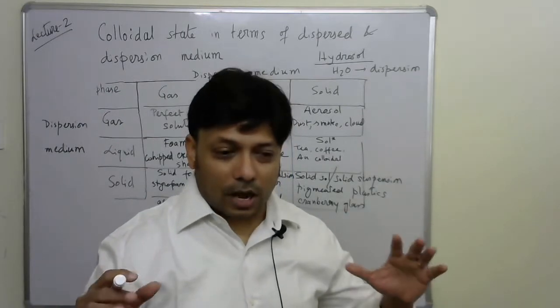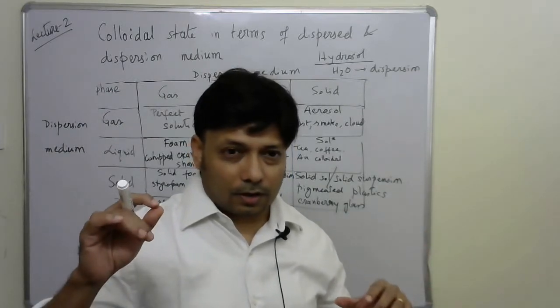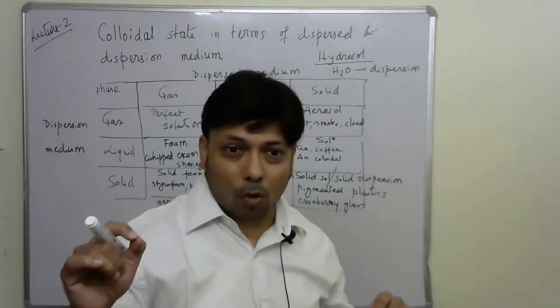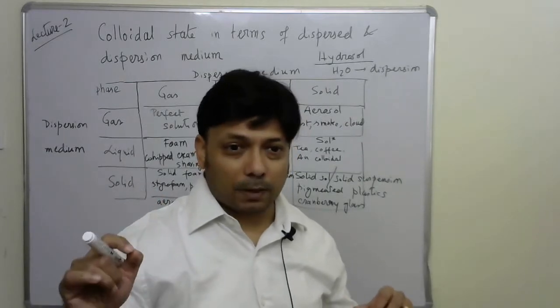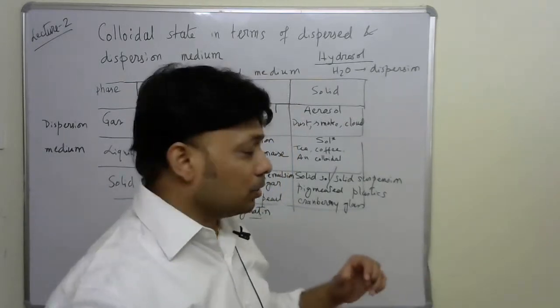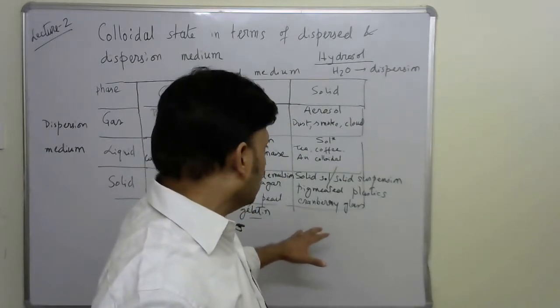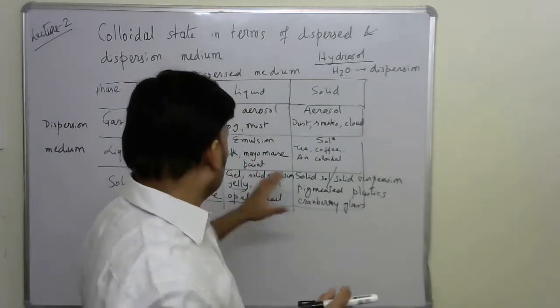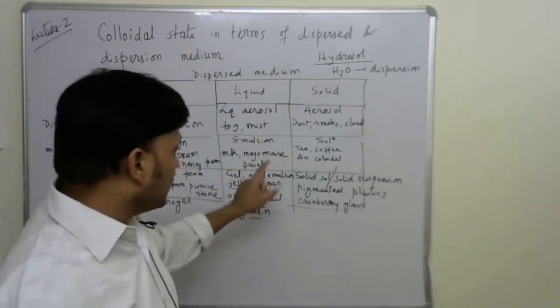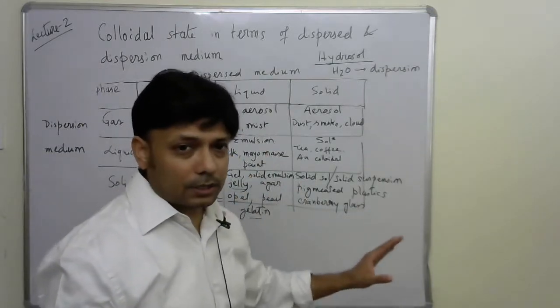So the origin of the glass is actually there are certain particles, could be gold nanoparticles, suspended in glass, solid glass. So those kind of glass forms a colloidal phase, and it's nothing but a solid sol or solid suspension.